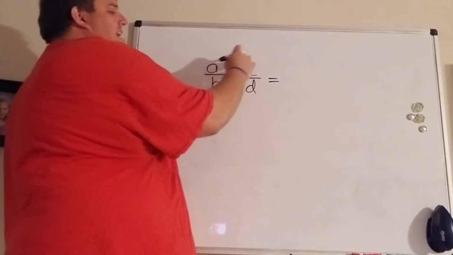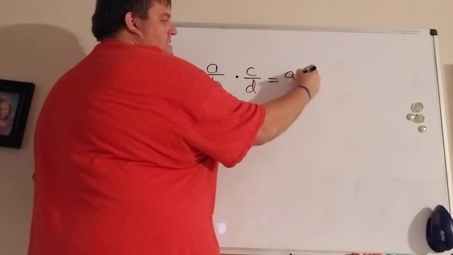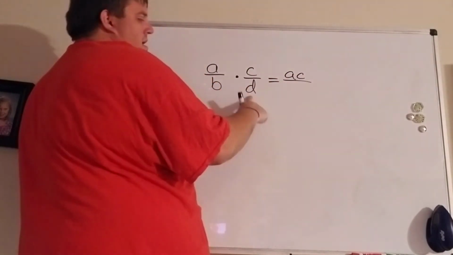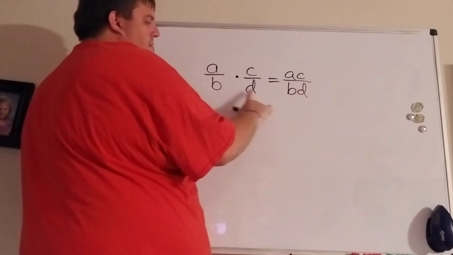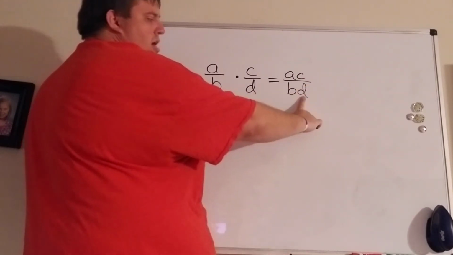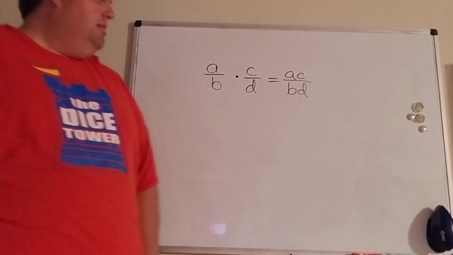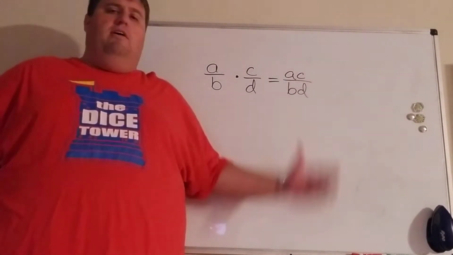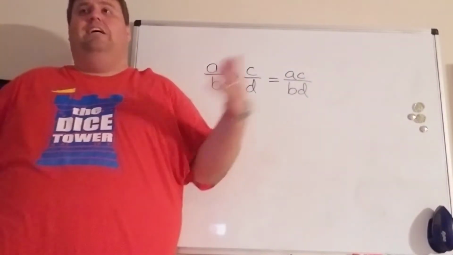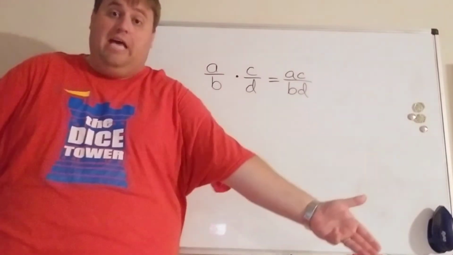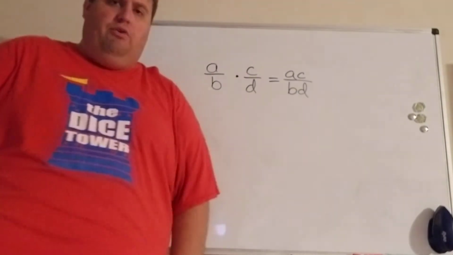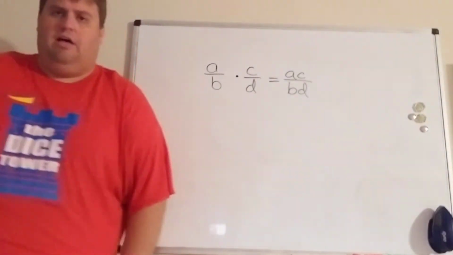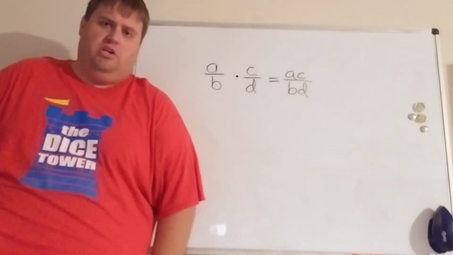So a times c gives me ac. b times d gives me bd. And remember, these can't be 0, so the product of this can't be 0. So I'm left with ac over bd, which is still in fraction form. So yes, if I multiply two numbers that are rational, you always are going to get a rational outcome. The product will always be rational.